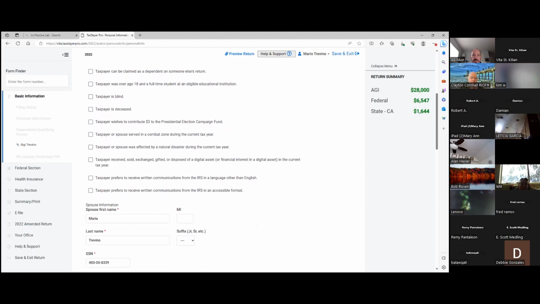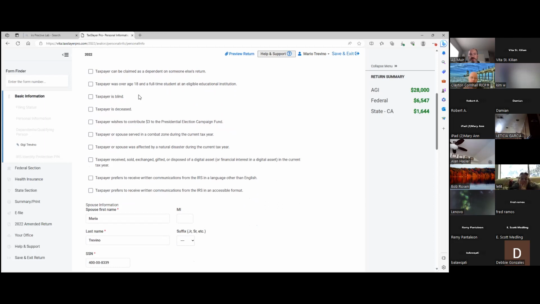Here, we don't have any check marks in these boxes, but just a couple of reminders. When you're talking about a blind taxpayer, that's going to be the tax definition of blindness. And that is their vision is no better than 20/200 corrected, or their field of vision is no more than 20%. I've worked with taxpayers who are blind in the VITA program.